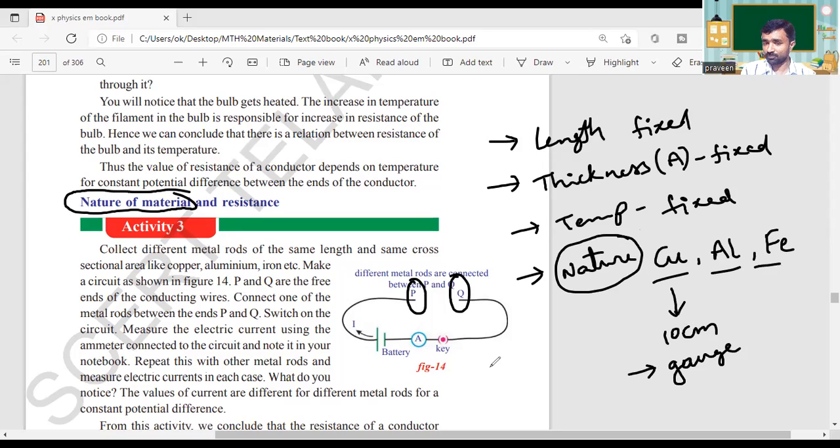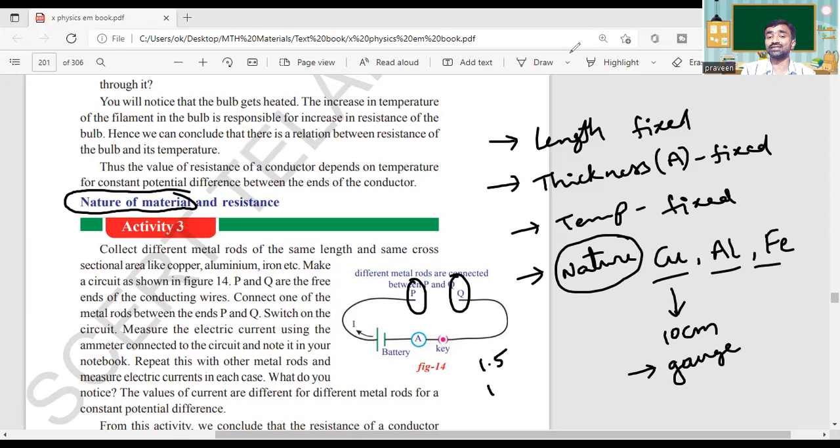Suppose you go and meet an electrician, they will explain to you about this gauge: the thickness, size, cross sectional area of the wire. If you observe the wiring in new buildings, they maintain different wires to connect one to another, right? The gauge they maintain is 1.5 square, 1 square, 2.5 square, 4 square, like that.